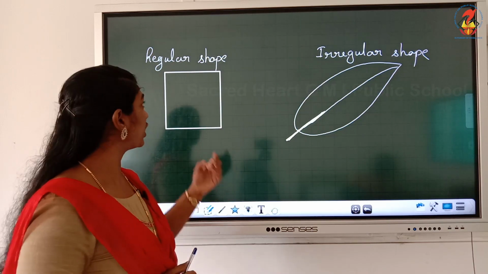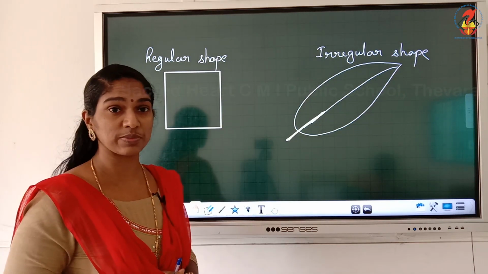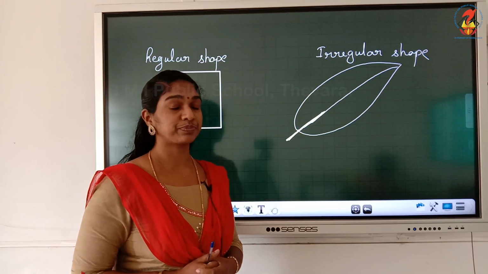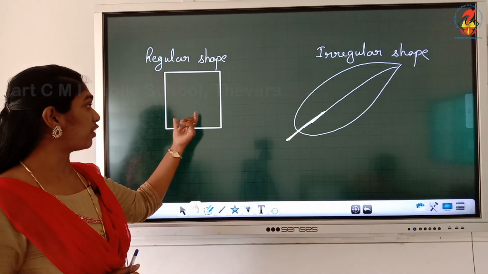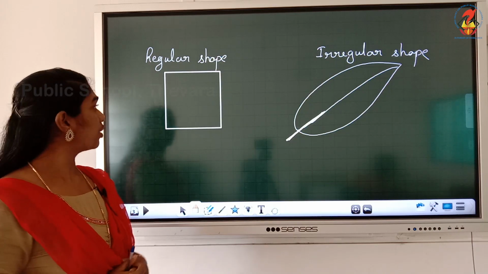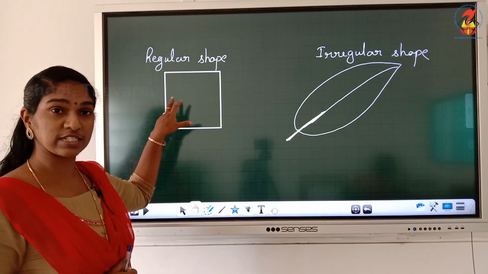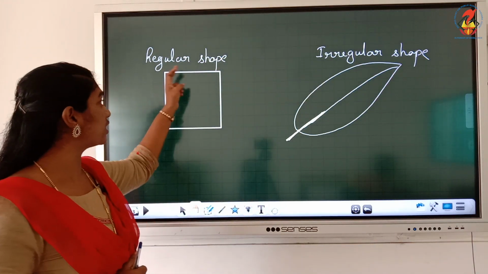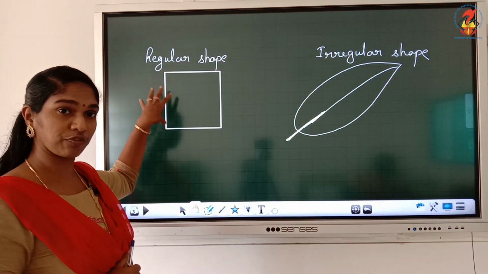We learned how to find out the area of regular shapes and irregular shapes. Remember, we did an activity with a leaf. How did we find out the area of regular shapes? We counted the squares, isn't it? Each square was represented as 1 centimeter. So, when we counted the number of squares, we got the area of the figure.